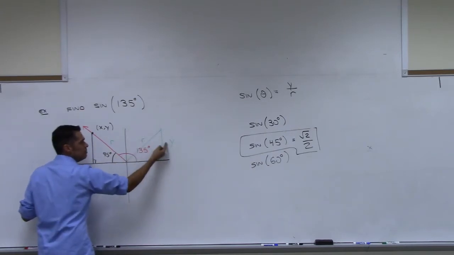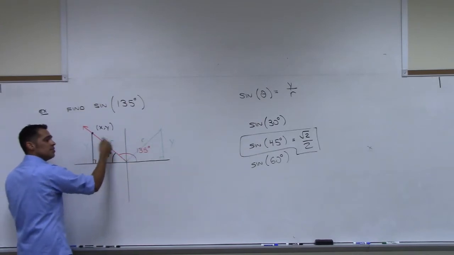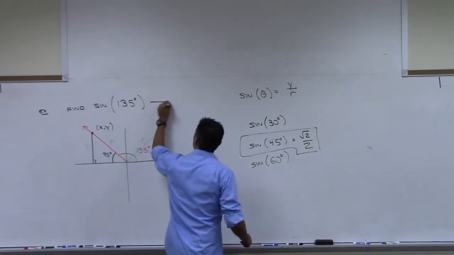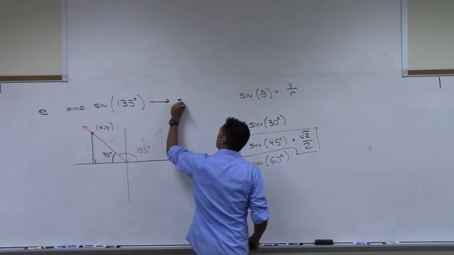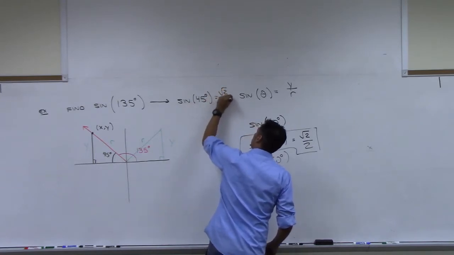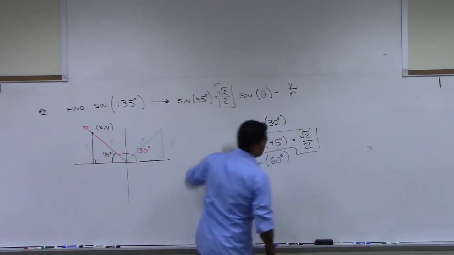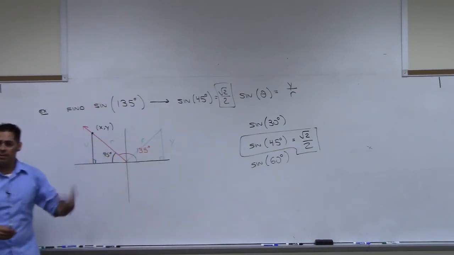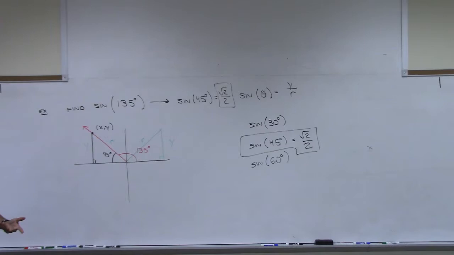That ratio should be equivalent to the ratio of this over this. So would you agree with me that this is equal to sine of 45 degrees, which is root 2 over 2? Does that make sense? Because the y coordinates are the same, that should work.